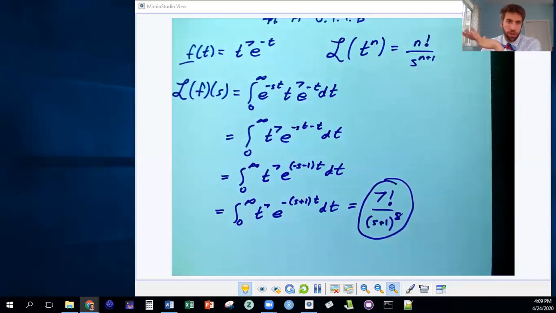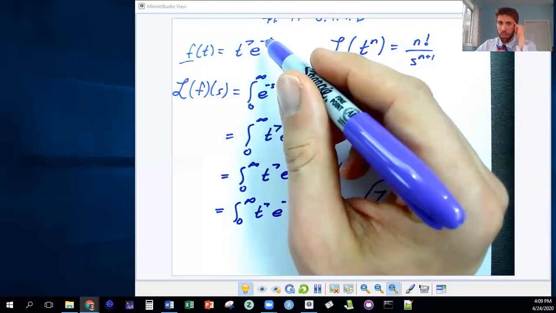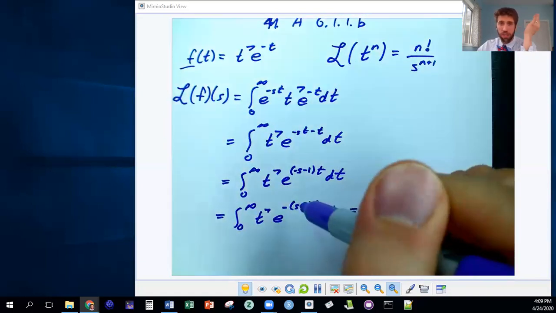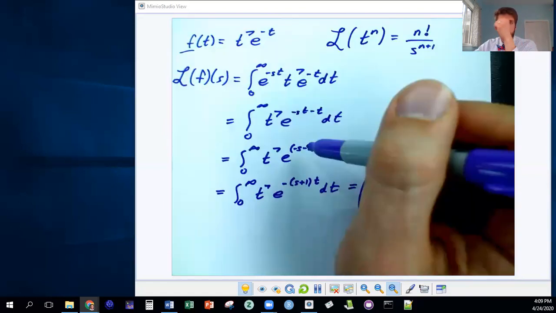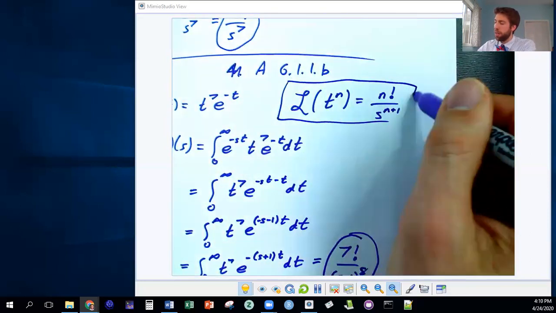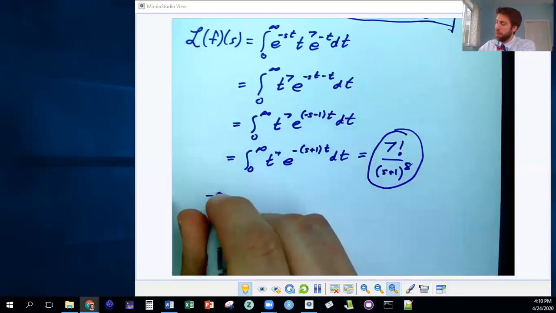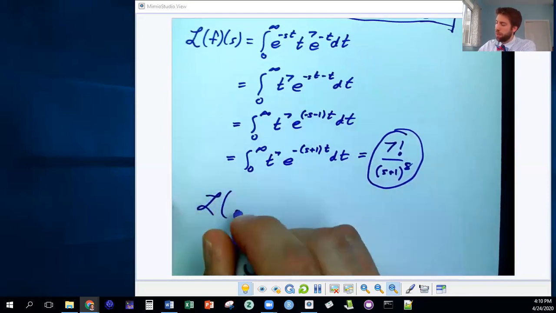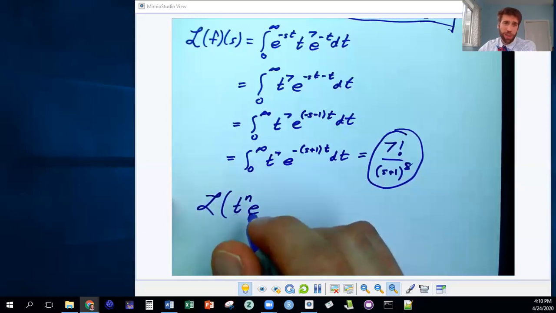Well, notice what we just did, okay? Notice how the negative 1 to the t here just got sucked up into the s, and then it's just a constant. It's going to be treated the same way as the s. So we could actually come up with a formula for this. So here's a formula, and there's a couple formulas in your book that are nice. Another formula then would be the Laplace transform of t to the n times e to the, what should we call this letter?